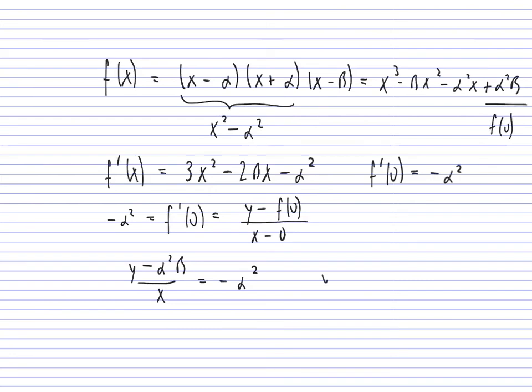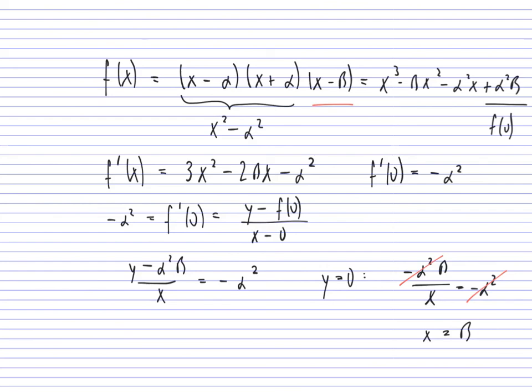So if y is equal to 0, I get that minus alpha squared beta over x is equal to minus alpha squared, or if I cancel minus alpha squared, I get that x is equal to beta. And that, of course, is by assumption the third root. So this cubic intersects the x-axis at x equals beta.